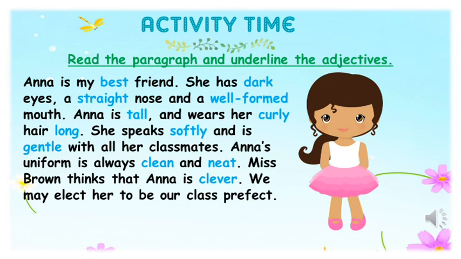Do you see the adjective in this sentence? This sentence has two adjectives: clean and neat. Miss Brown thinks that Anna is clever. Yes, clever. The adjective clever describes Anna.